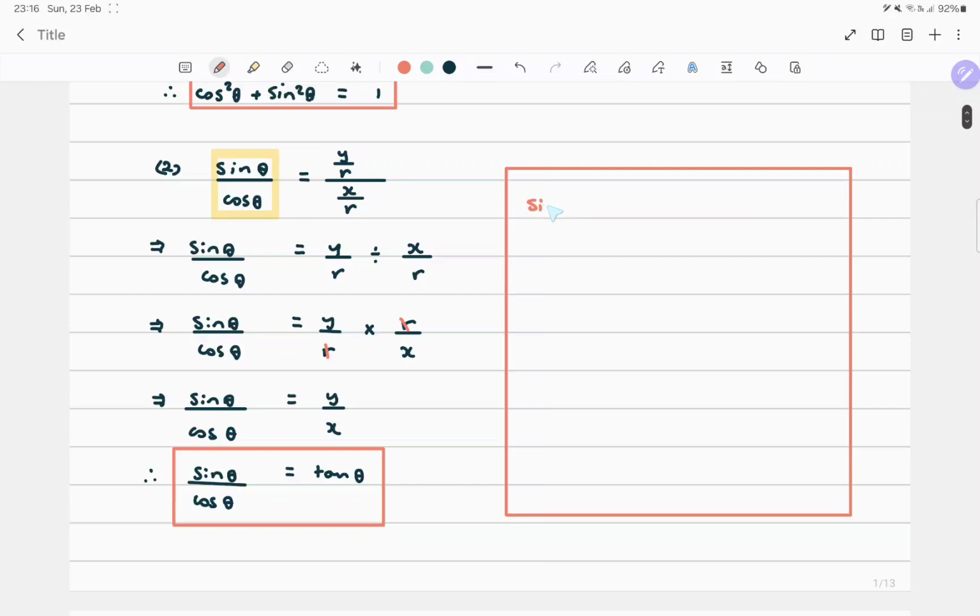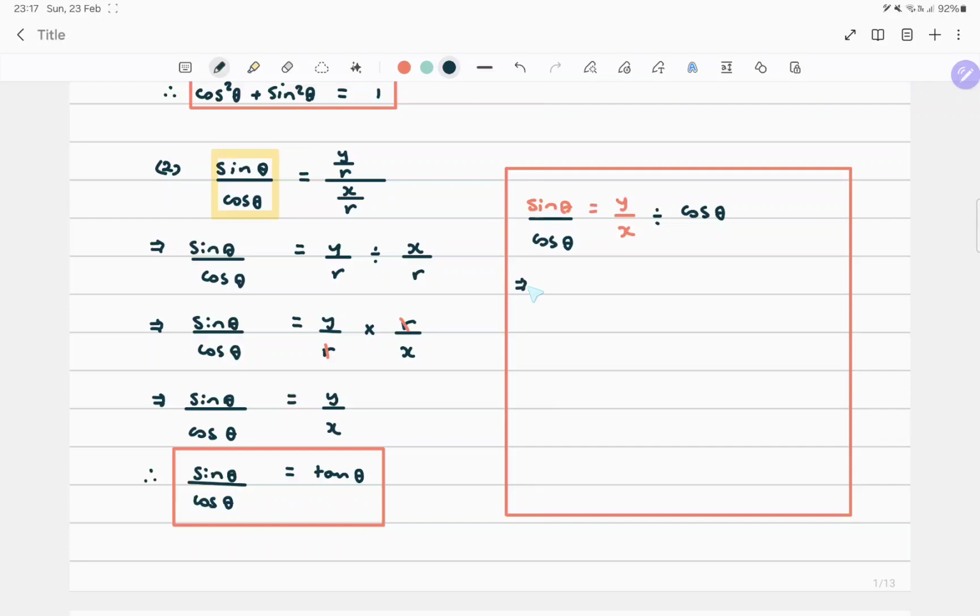Technically, we could have taken sine theta, giving us y over x. In maths, we can decide to multiply by 1 over cos theta, or we can just say, in maths, we can divide by anything. So if we divide by cos theta, we should be doing the same here, isn't it?